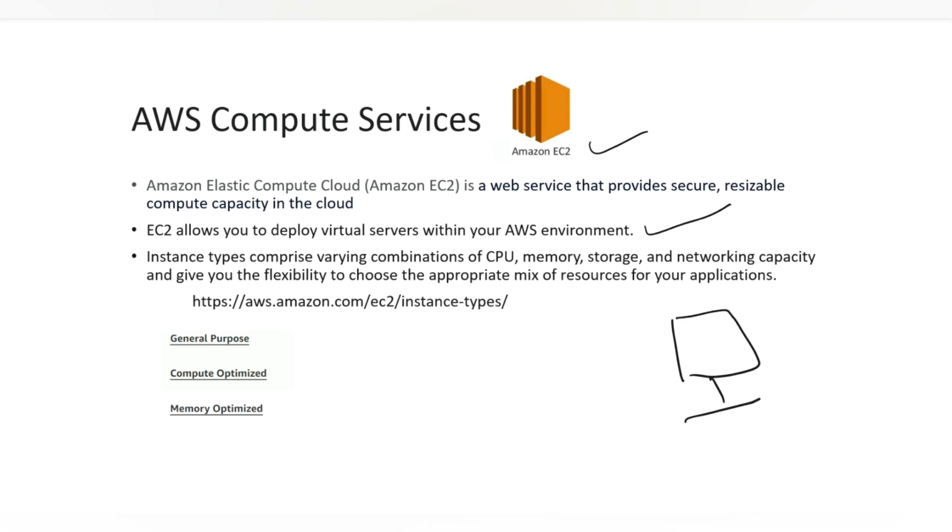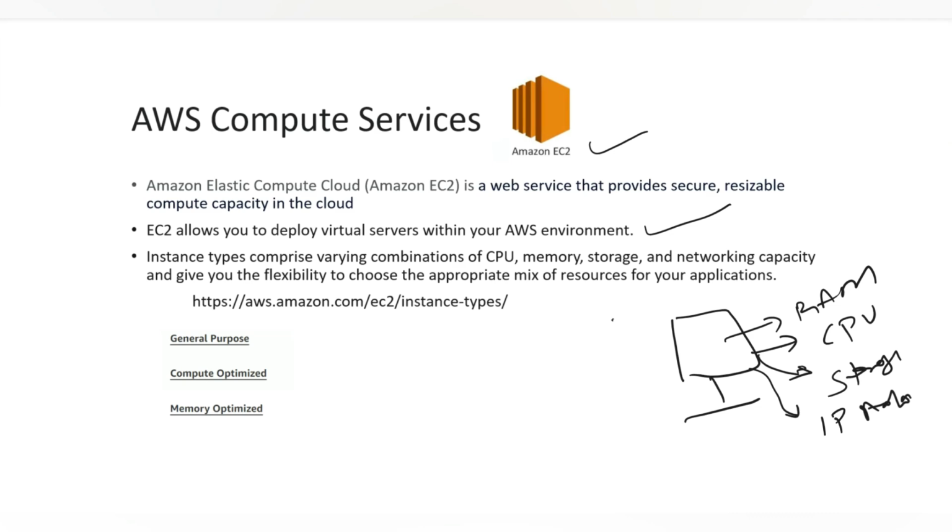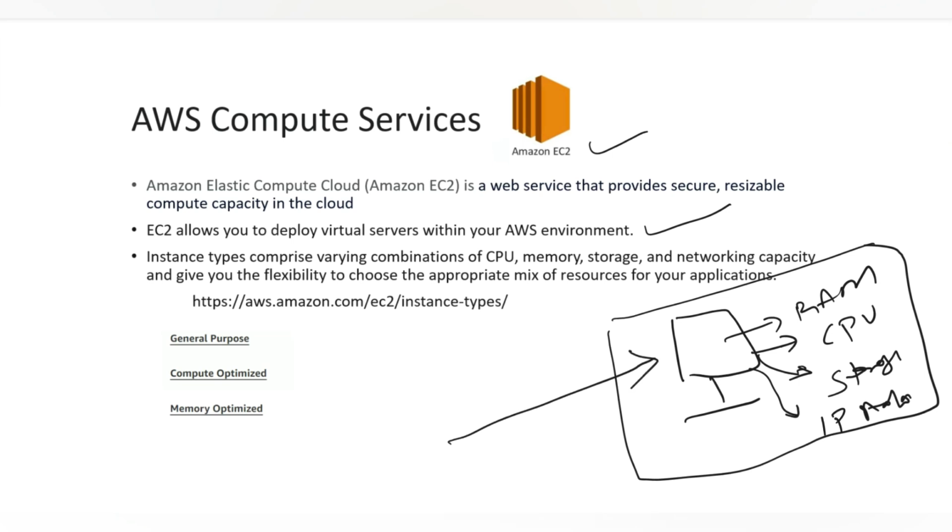To create a virtual machine, it requires RAM, which is memory, and it requires CPU, as well as storage to store the operating system data, etc. And then it may require an IP address for communication. All these things come under Amazon EC2. So Amazon EC2 is a service which lets you deploy virtual machines. This is in a nutshell.